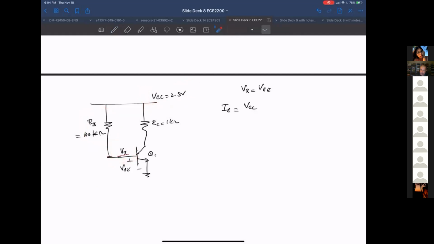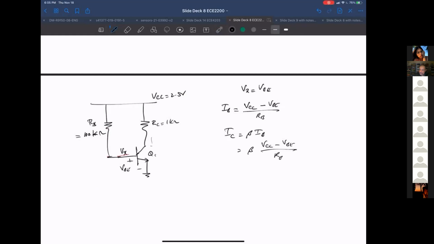So whatever voltage this is, minus this, divided by this is going to be I sub B. So VCC minus VBE over R sub B. That's our base current. And the collector current for this guy is going to be beta times the base current. So that looks like beta times VCC minus VBE over R sub B.